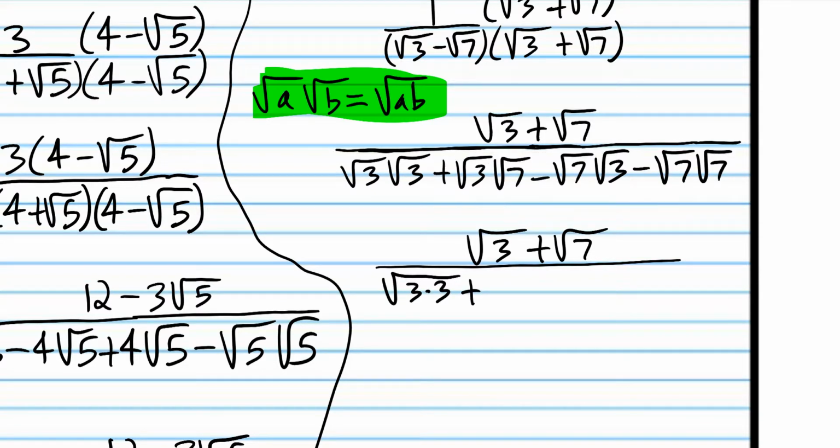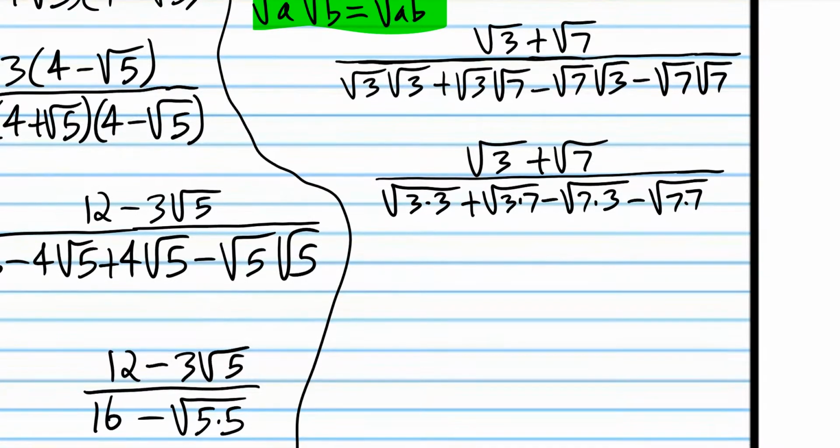We don't really have to multiply them, but let's just multiply them so you can see what's going on here. So they combine to one root, and same thing with the 7s at the far bottom right.